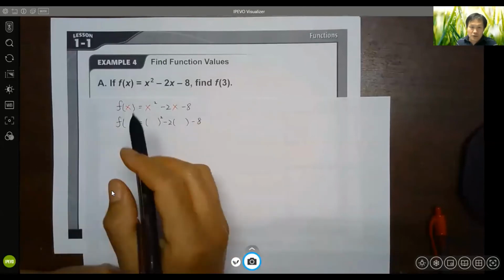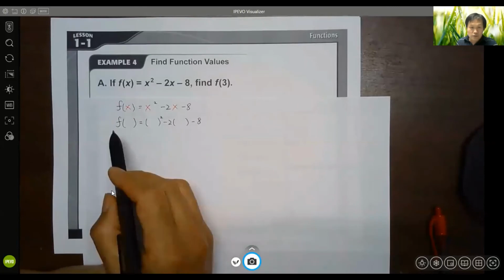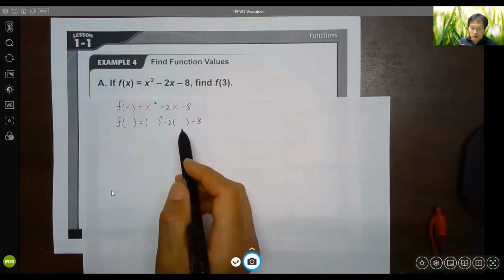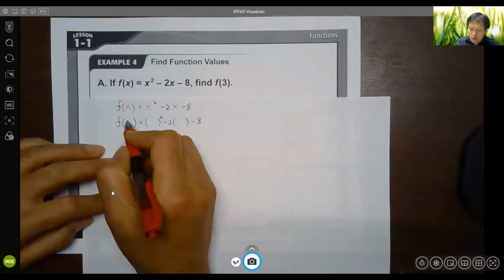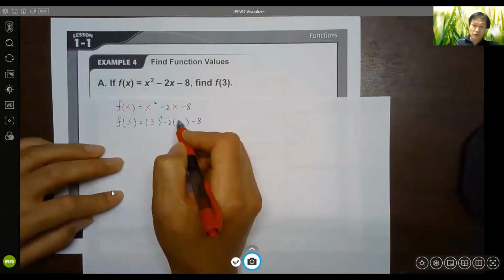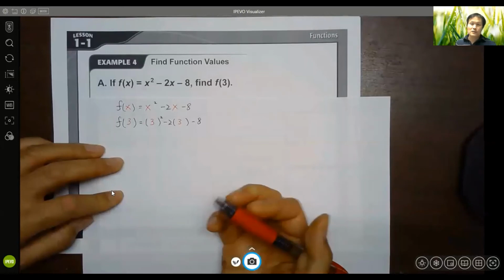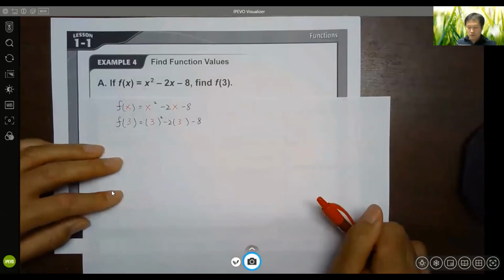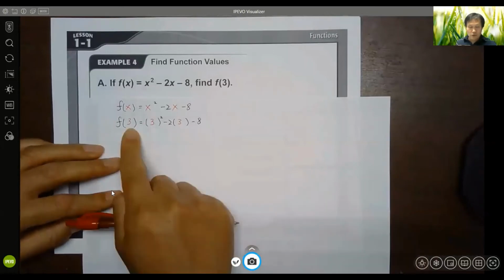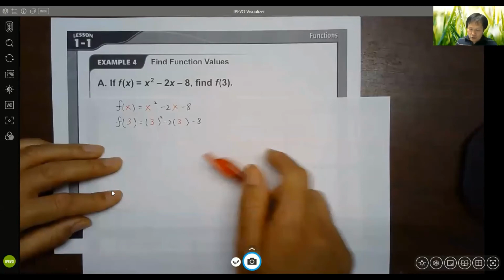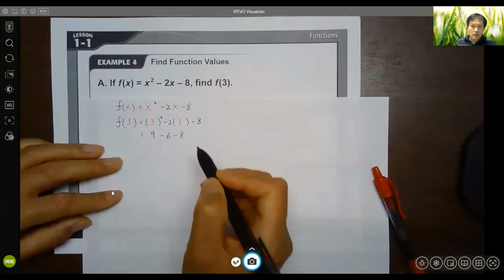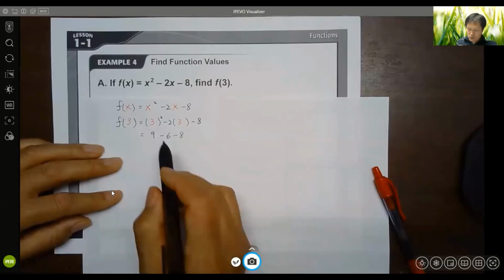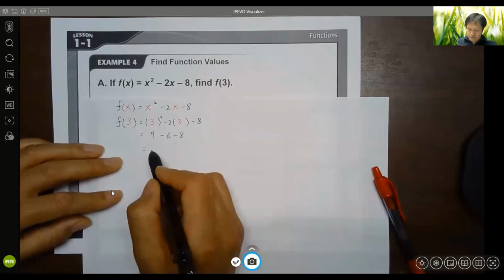Wherever x appears, just replace it with a parenthesis, then plug in the input wherever parenthesis appears. So f of 3 equal to 3 squared minus 2 times 3 minus 8. So evaluate it to be 9 minus 6 minus 8. That is what? Minus 5?